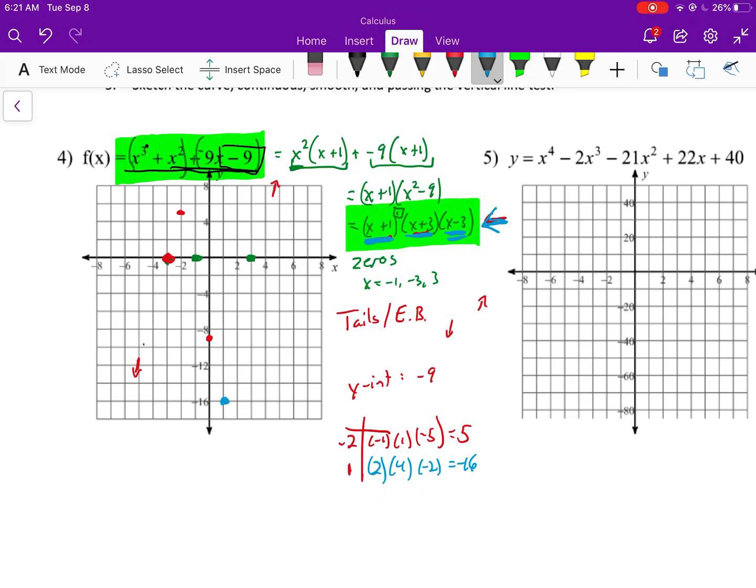And that's good enough for us to graph. That'll give us a close enough sketch. So we're going to make a nice smooth curve going through our different points. Goes through this zero, hits that point, goes through this zero, hits our y-intercept. We don't know if that's the lowest point there. At -16, it could go a little lower, but that is a sketch of that function.